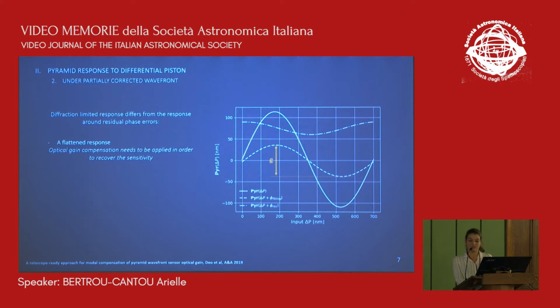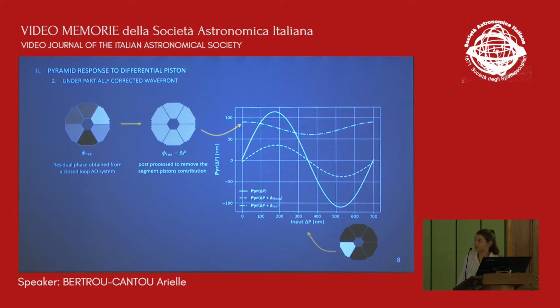But unfortunately, we are not working with a perfect wavefront sensor, so we not only have the deformable mirror high order residuals, but we also have the closed loop residual. So what we do here is that we take a residual phase from a closed loop, that we post-process to remove the differential piston. So we apply as a background this wavefront, which is free from differential piston, and then we measure the pyramid response to increasing differential piston.